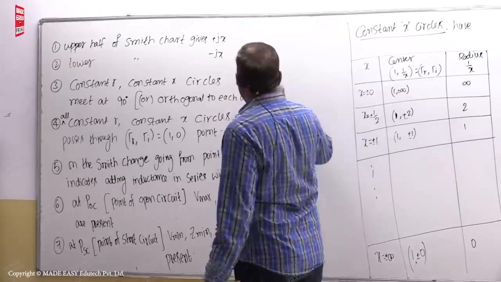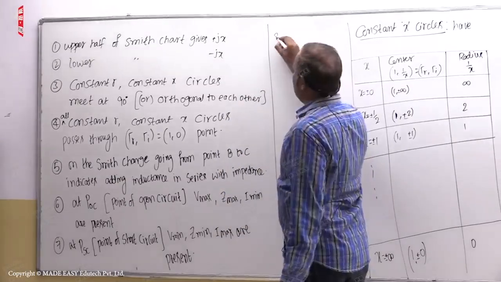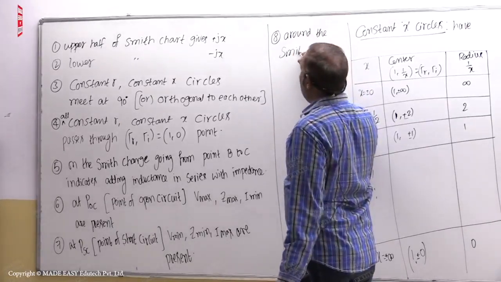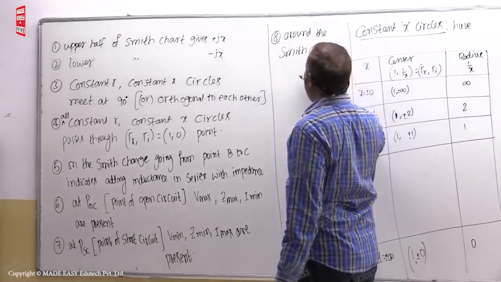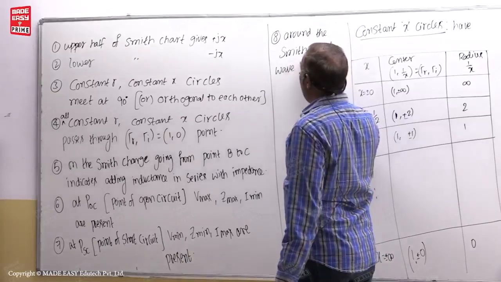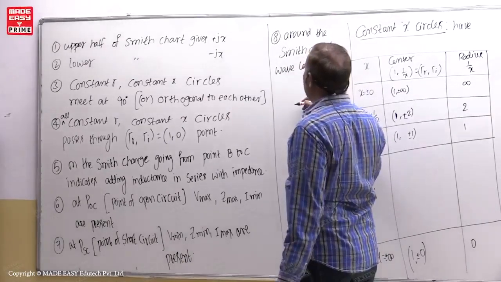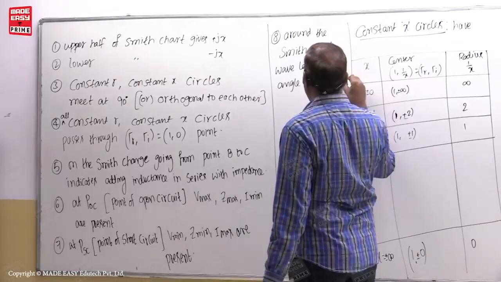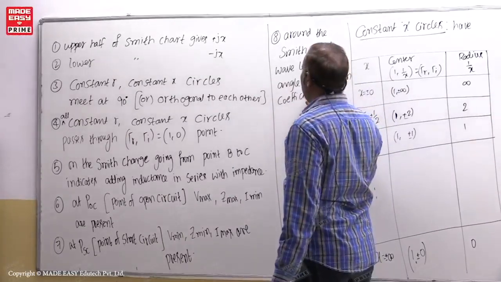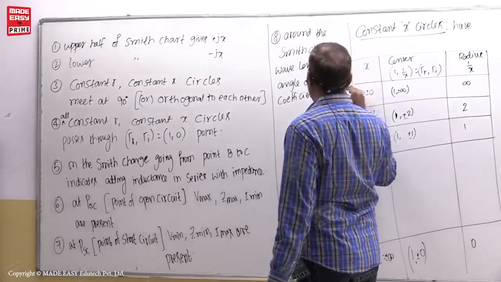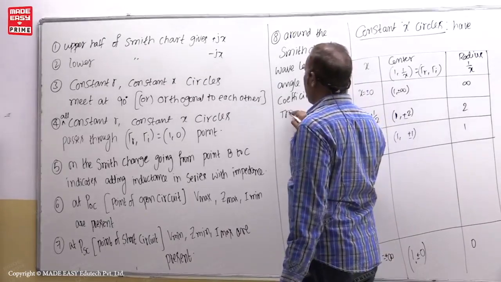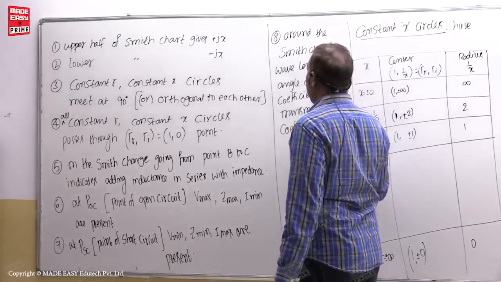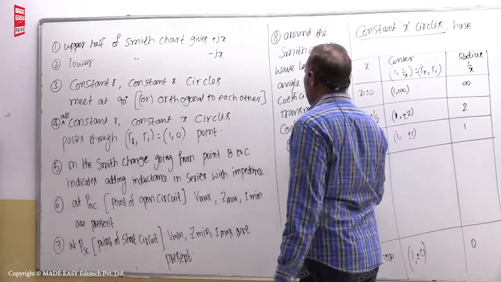And around the Smith chart, wavelength, angle of reflection coefficient and angle of transmission coefficient are given.